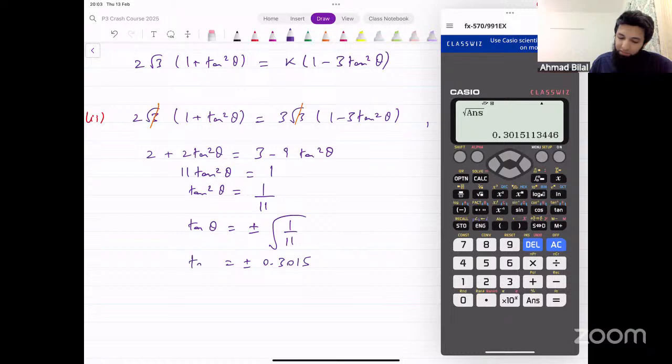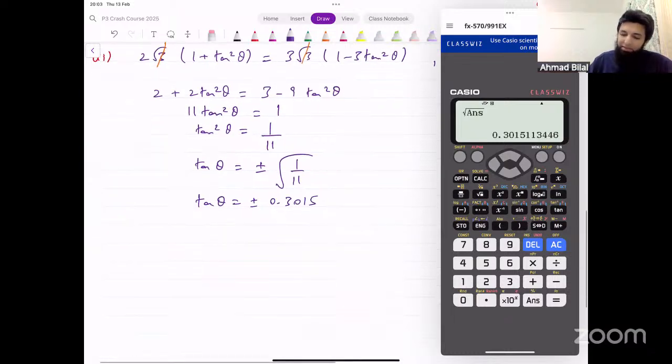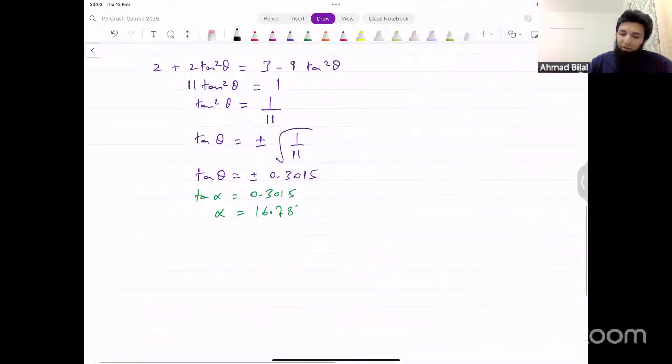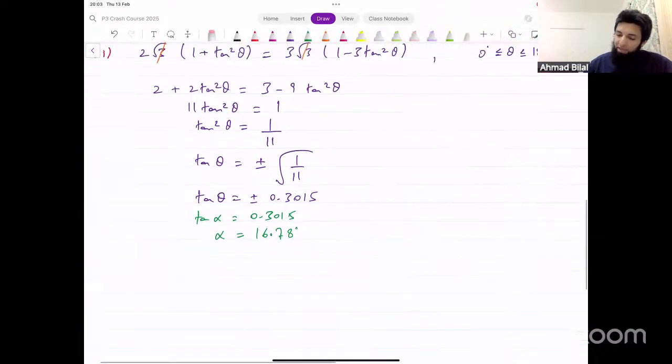Minimum 4 significant figures in your working. This is theta. Let's find the basic angle. Tan alpha equals 0.3015. The basic angle turns out to be tan inverse of this. That is 16.78 degrees.